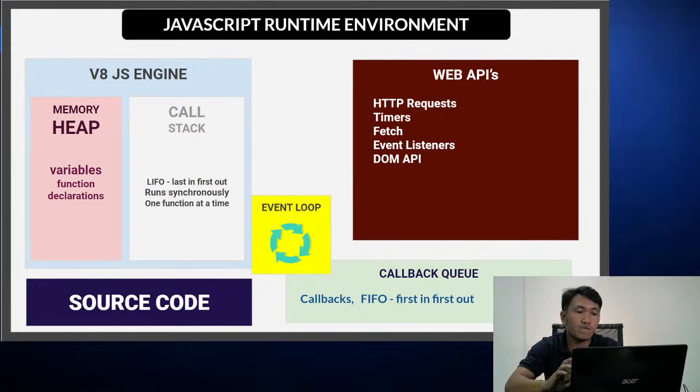I've always thought that event listeners and the DOM API were included in the JavaScript V8 engine, but they're not. They're outside of the V8 engine, in the web API. They're within our browsers, but specifically added by our browsers, which is Chrome.